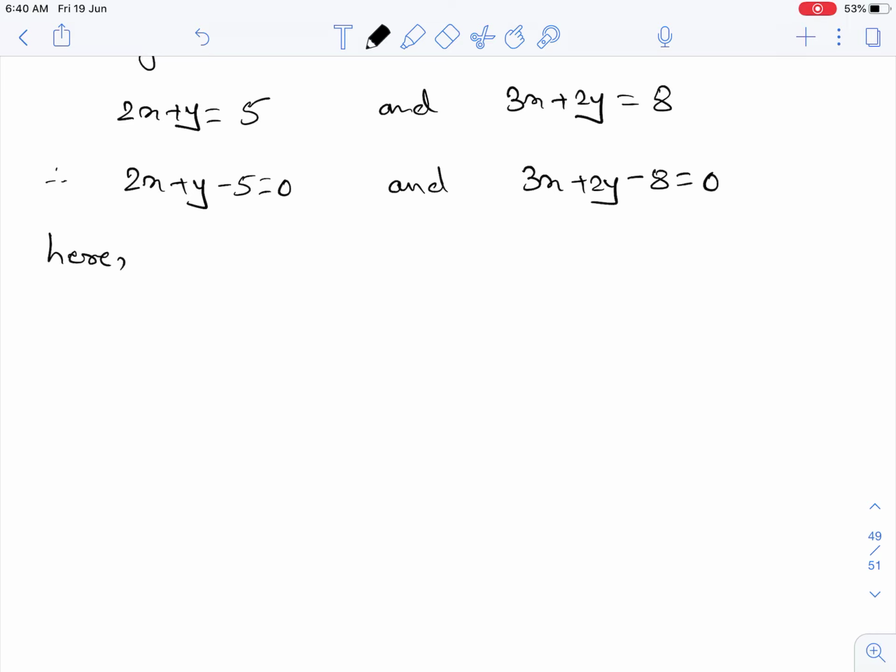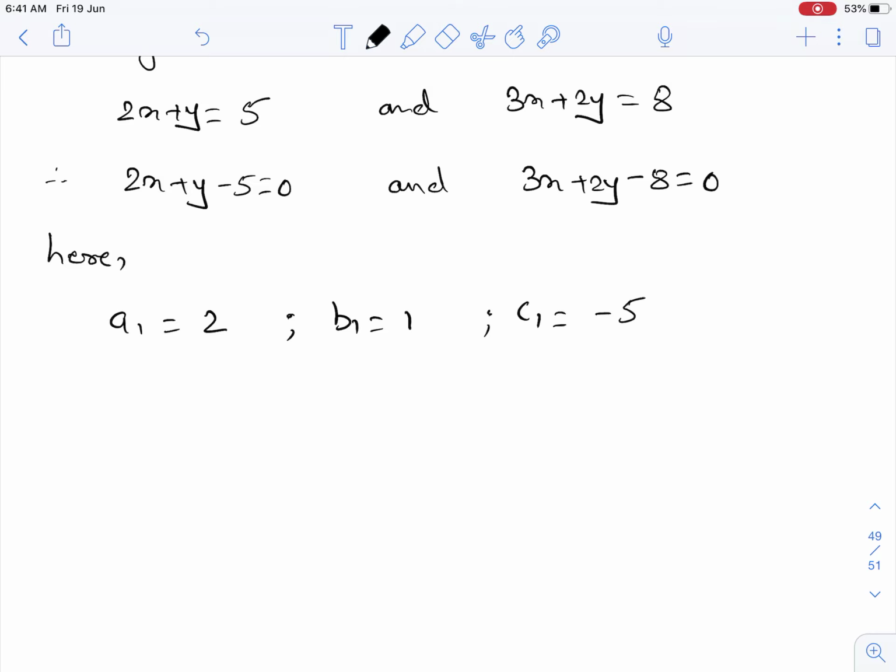So here a1 equals, from the first equation you will get all the 1 values, a1 equals 2, b1 equals, that is the coefficient of this y, 1, c1 equals the third term, minus 5.